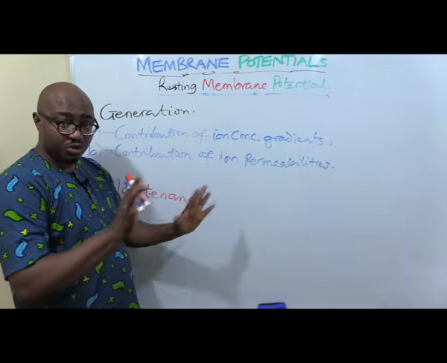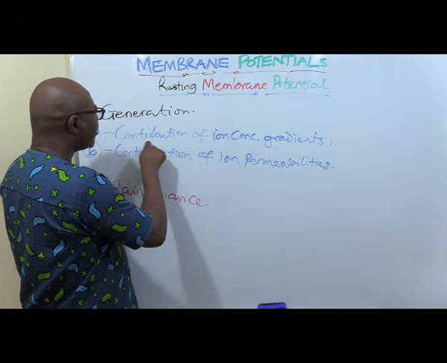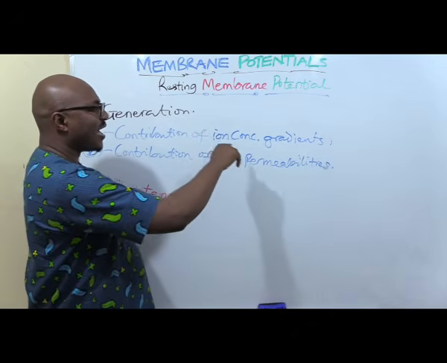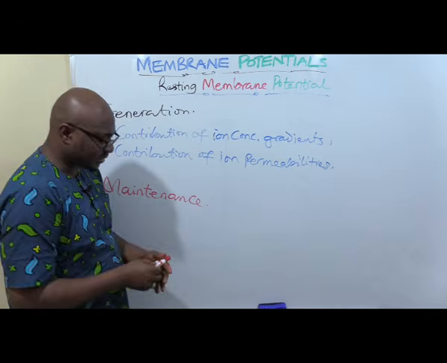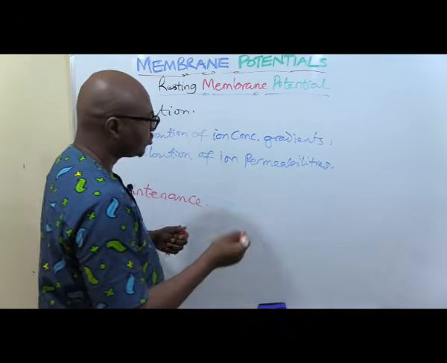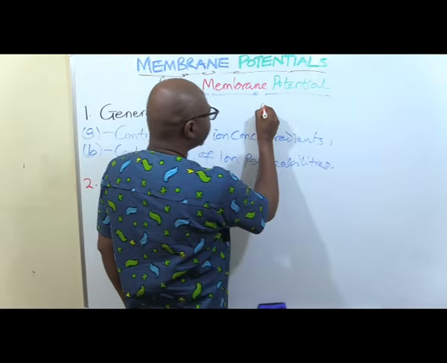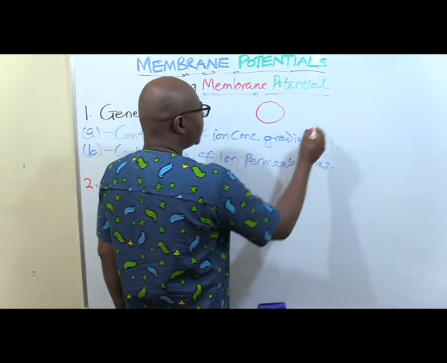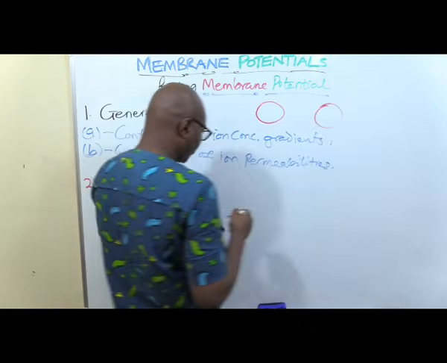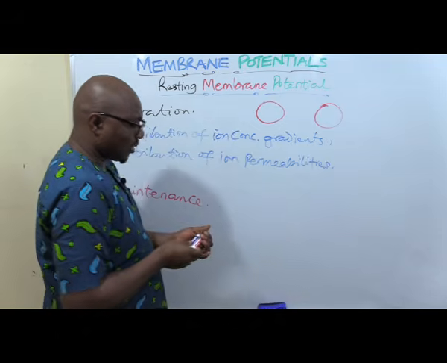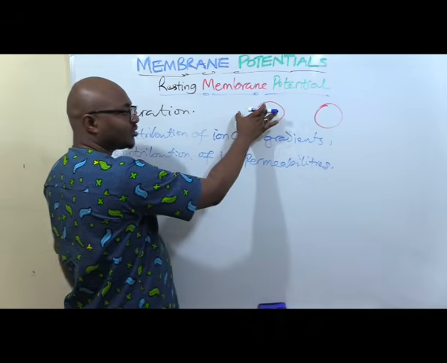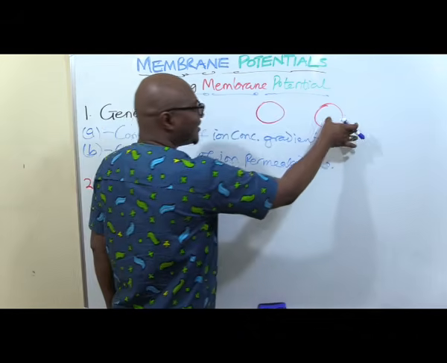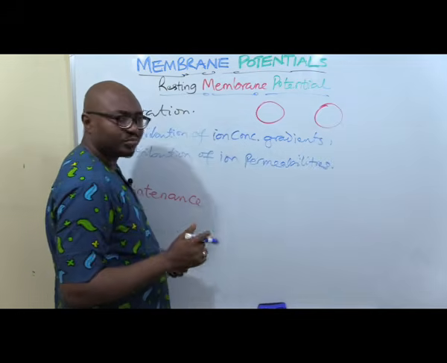Those two, sodium and potassium. Now, what do we mean by contribution of ion concentration gradient? Let me draw two cells. One, two. So we're going to be assuming that this cell is just all about sodium. This cell is just all about potassium.